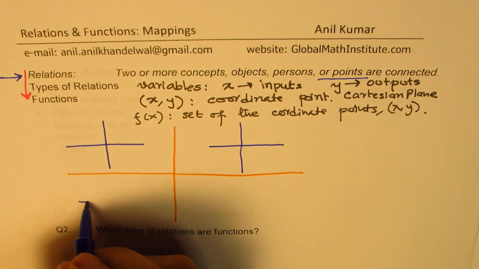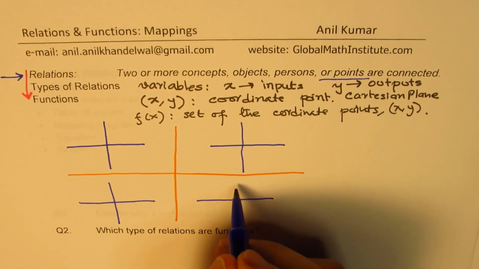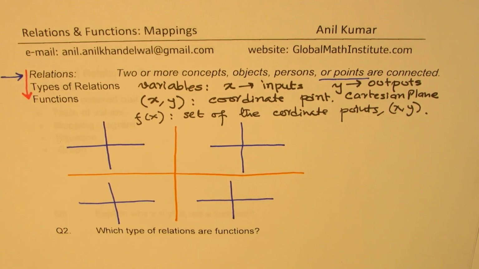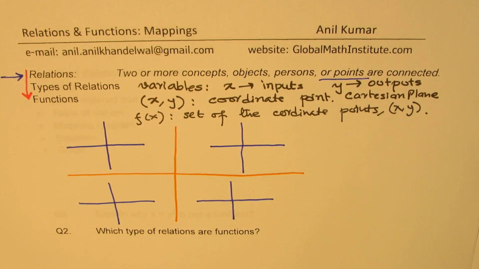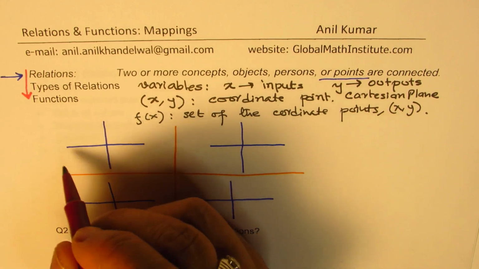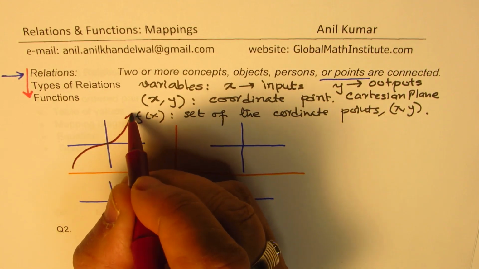We have already talked about 2 types of relations, many to one and one to many, right? Now, if I have a straight line, let's say we can have something like this. Let me form a cubic curve like this, right?